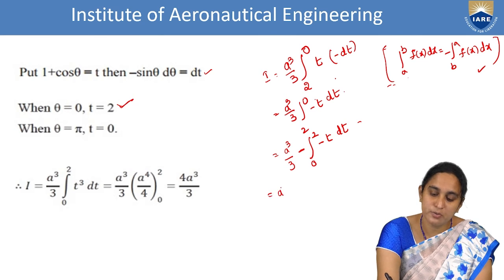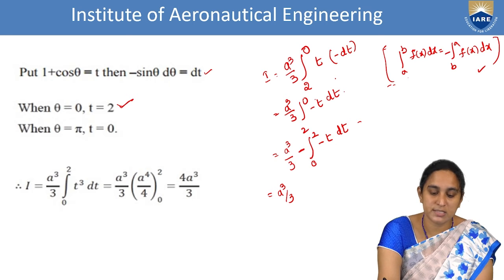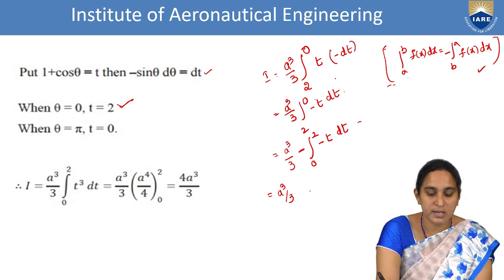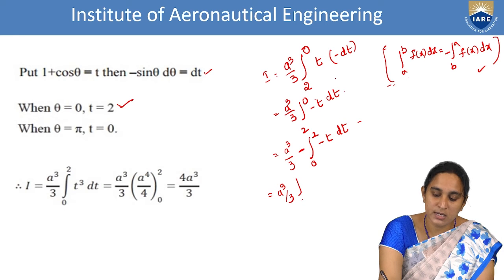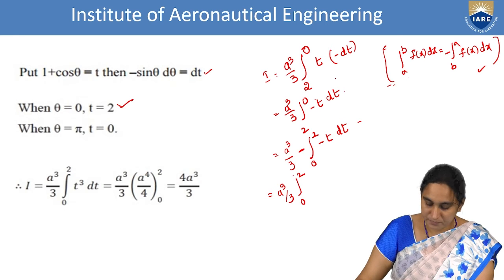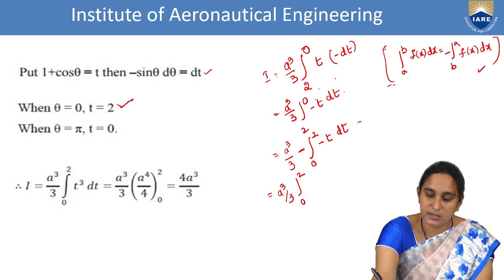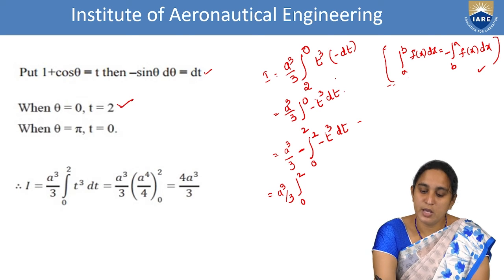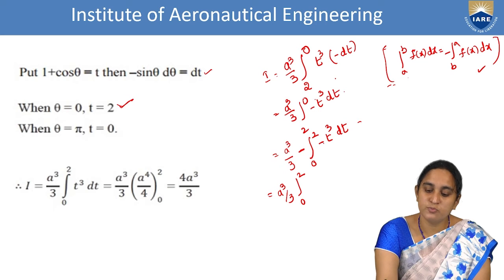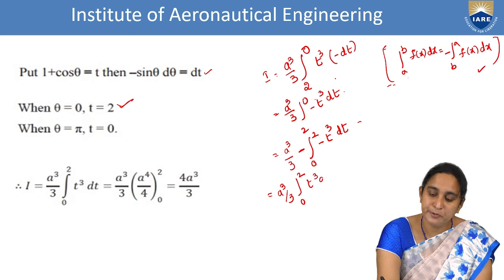That is equal to a cube by 3, minus into minus what? Plus. Minus into minus is plus, that is integral 0 to 2, t cube dt.